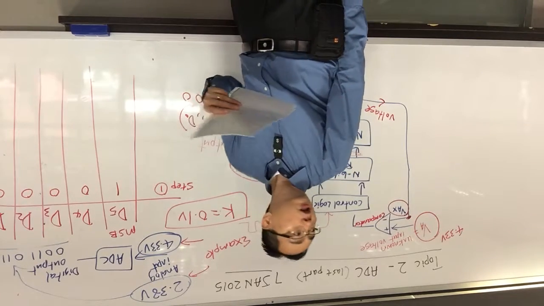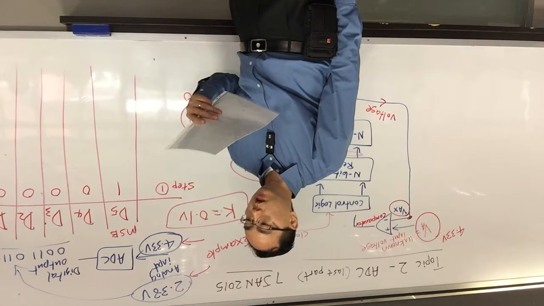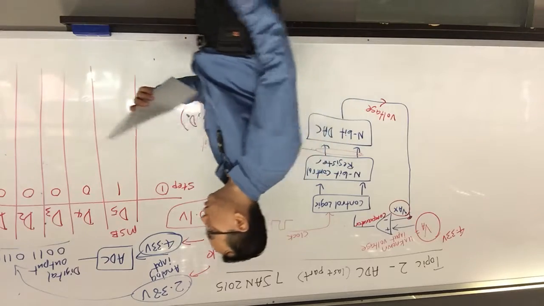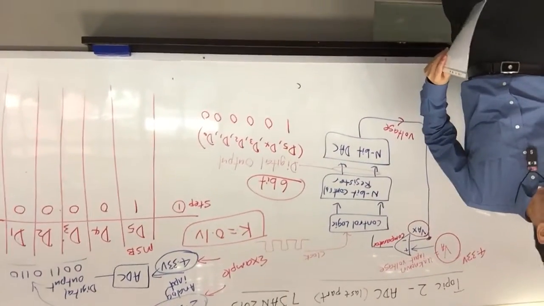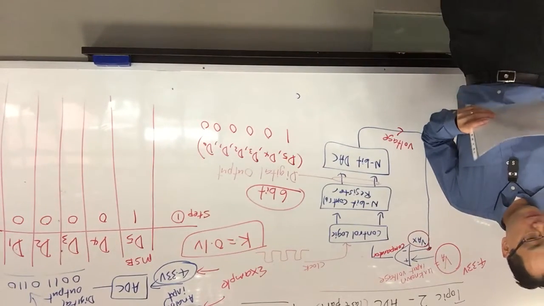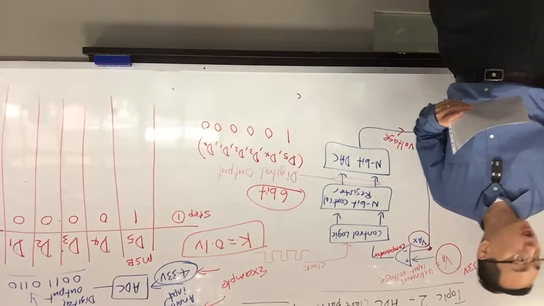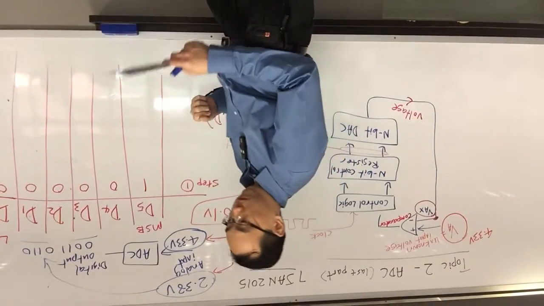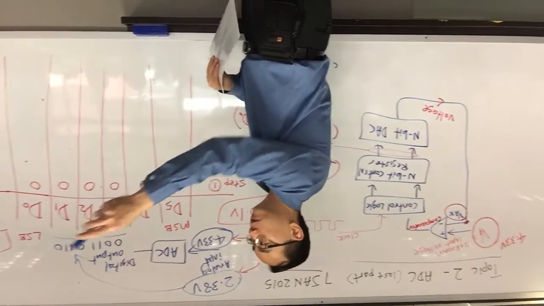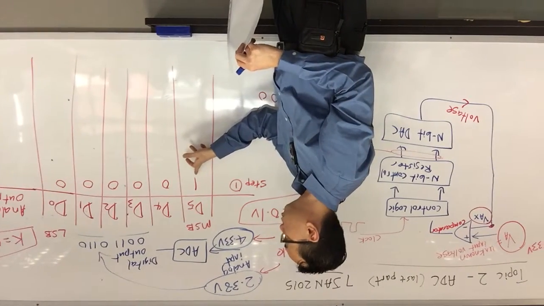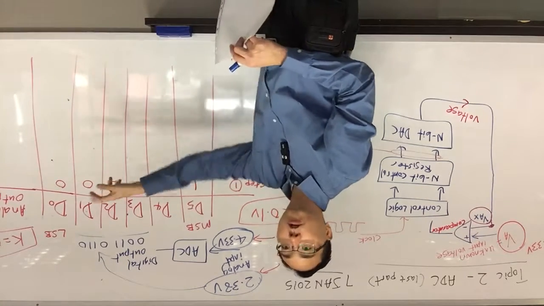Anybody? 6-bit, I want the voltage, so your answer must be multiplied by K. Should be 3.2. How do you get 3.2? 2 to the power 5 times 0.1. What is 2 to the power 5? 32, then times 0.1. Yes, correct.